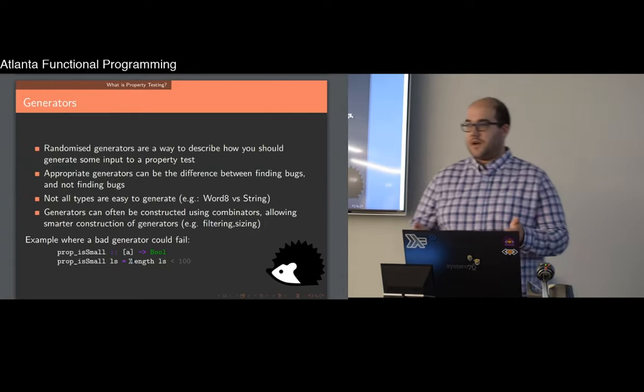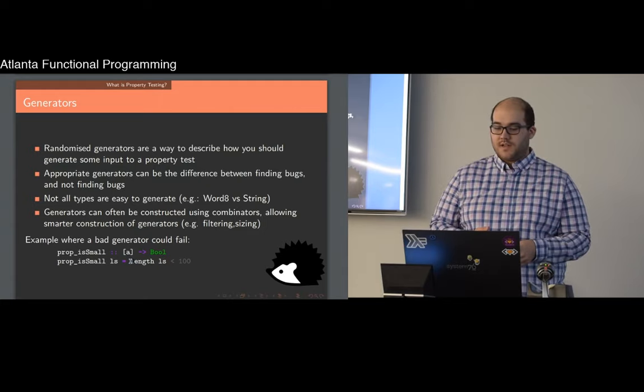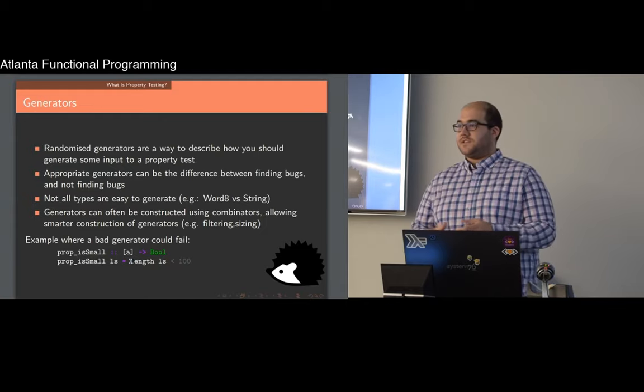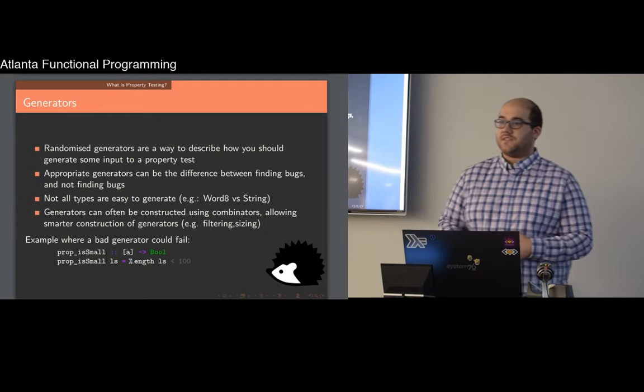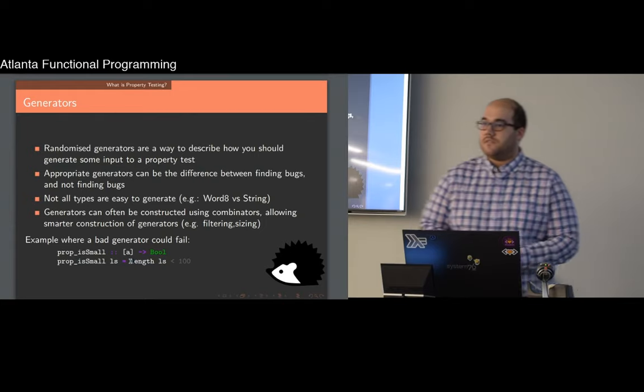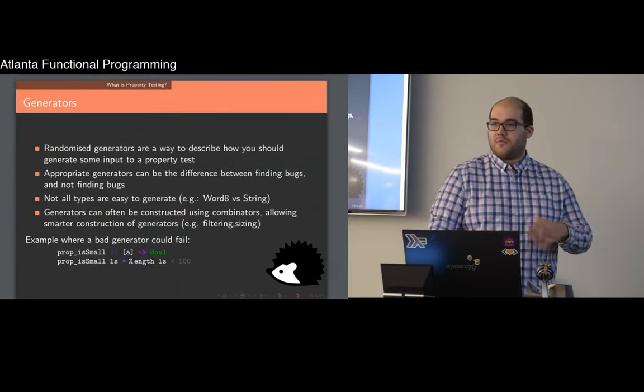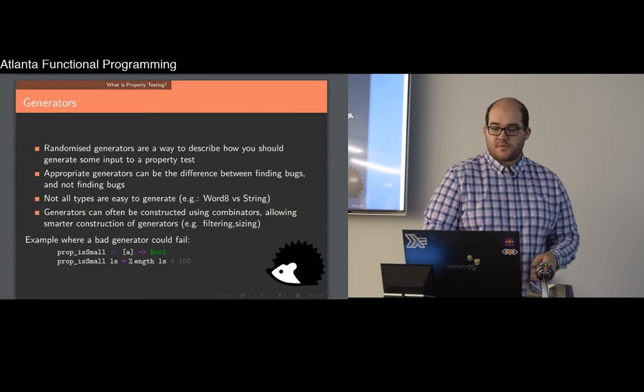So if you were to supply a generator that generated a list from size 0 to 10,000, it's very likely that this would fail. It's a pretty trivial example, but we'll get into more complicated examples in a little bit.